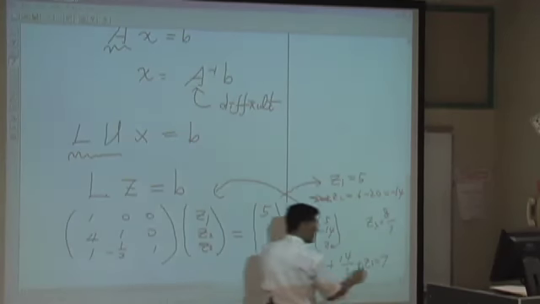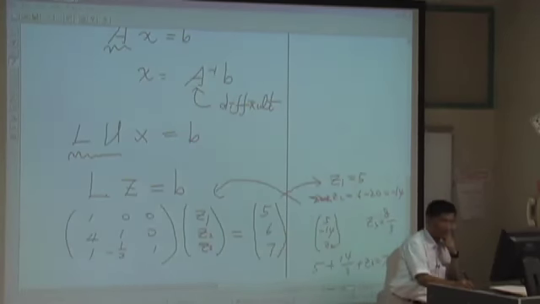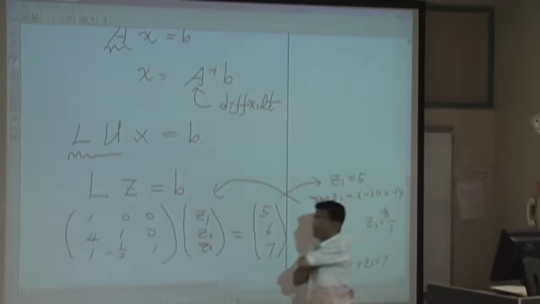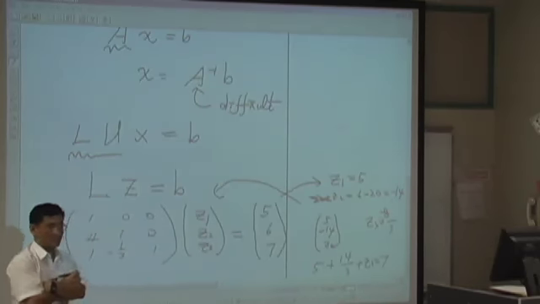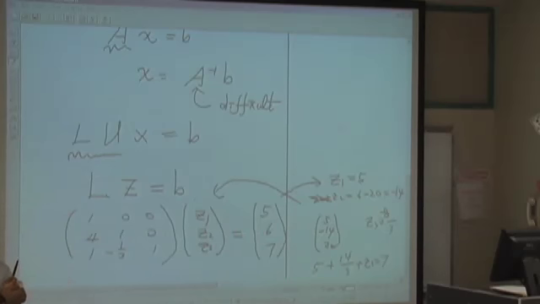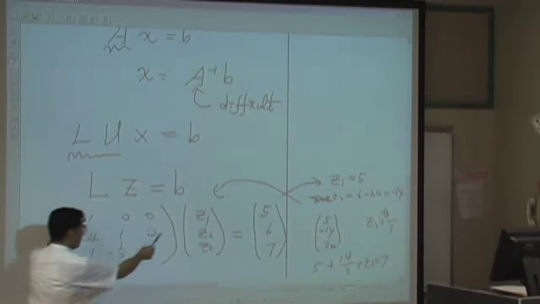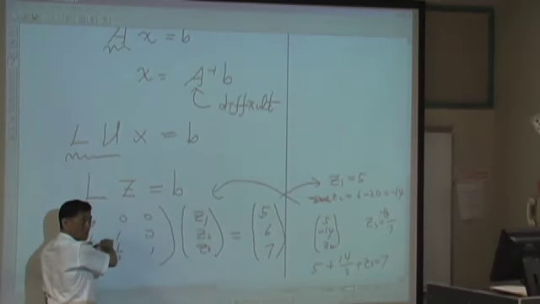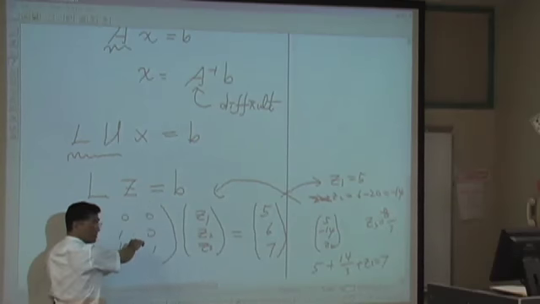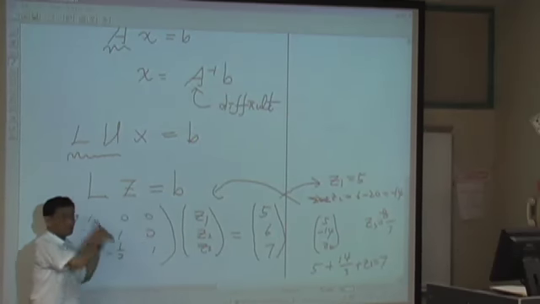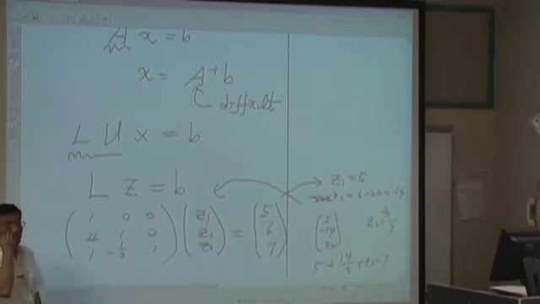So we could calculate Z1, Z2, Z3. Very easy. It's not really solving. It is forward substitution. Do you follow me? We find Z1, and then we substitute forward, and then we calculate Z2, and then we substitute Z1 and Z2 forward and get Z3. So it is forward substitution.